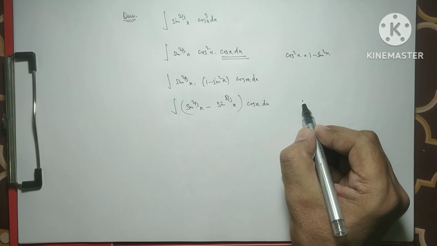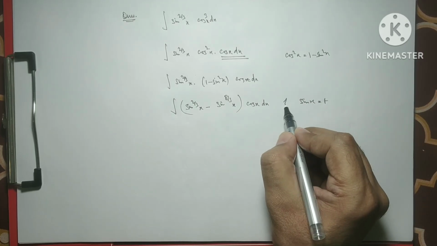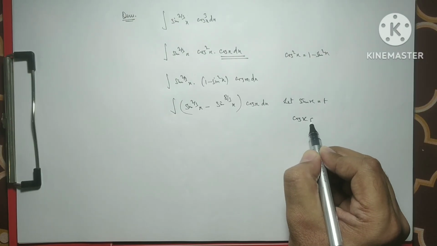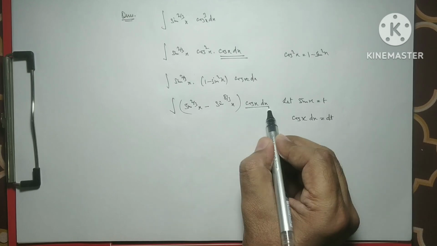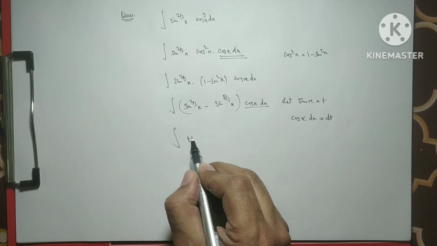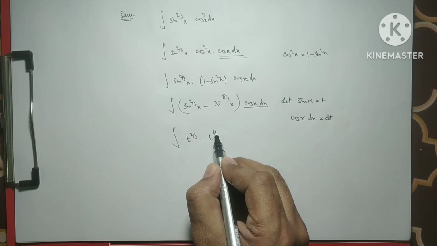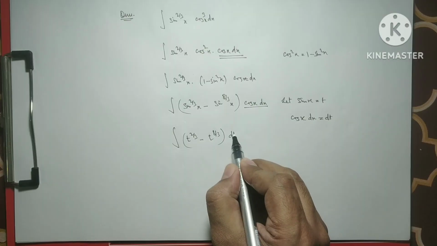Right now we substitute sin x as t, so its differentiation is cos x dx equals dt. So we have this value, and sin x as t, so we put this value, t to the 2/3 minus t to the 8/3, and the value of this is dt.